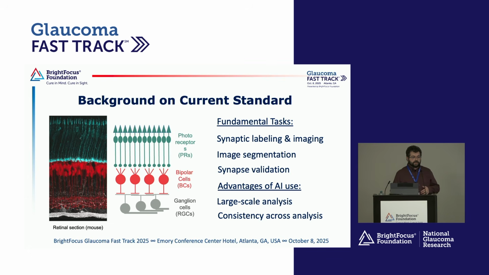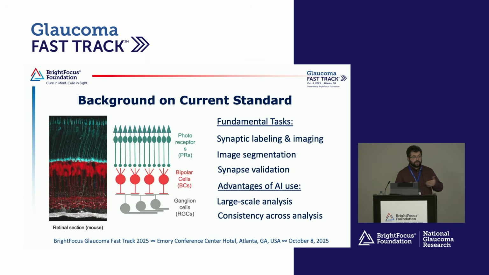So the role of AI here is helping with some of the fundamental tasks we have during image analysis of synapses. We're going to look at synaptic labeling and imaging, and at how we can segment these images and validate the presence or absence of synapses. Two main advantages can come from integrating AI in this workflow.